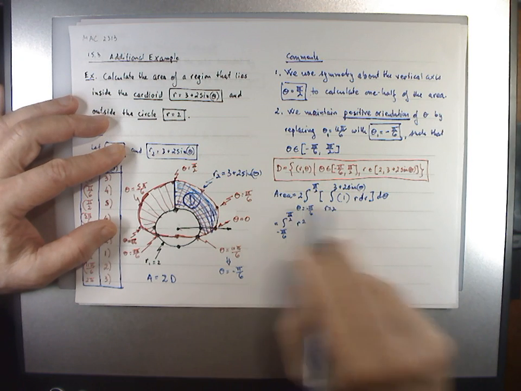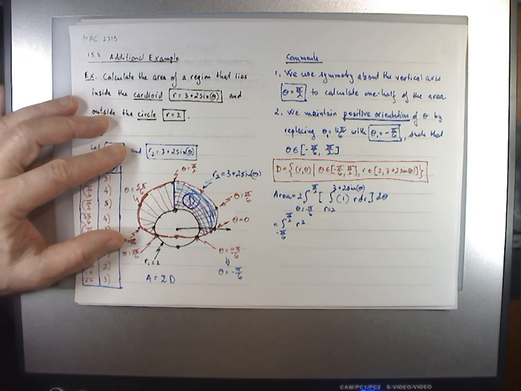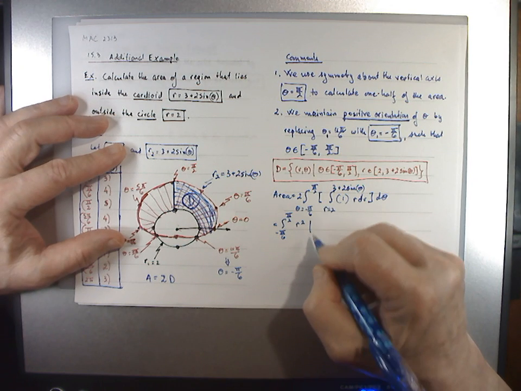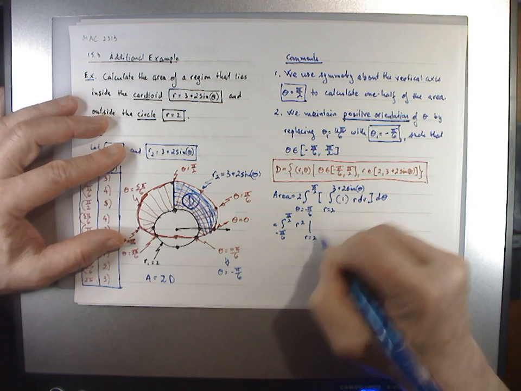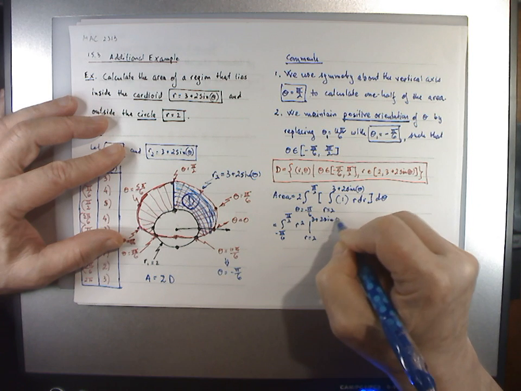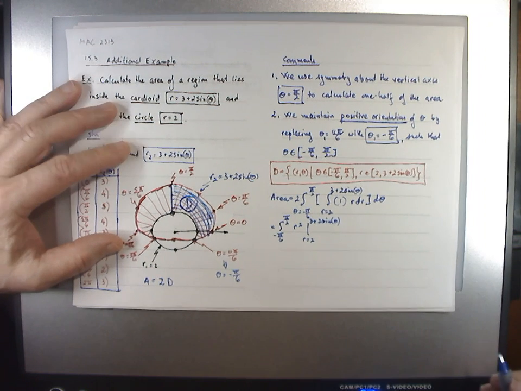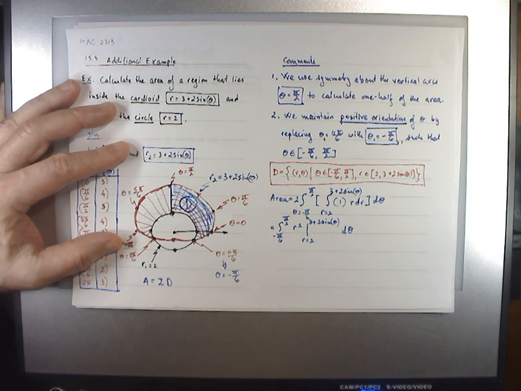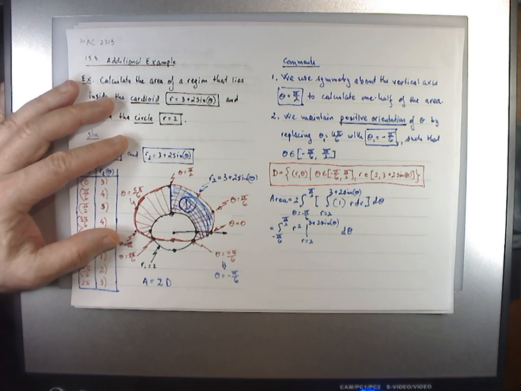Again, we have 2 times 1/2 r squared, and then we evaluate r from 2 to 3 plus 2 sine theta. And after we're done with this, we will go ahead and integrate with respect to d theta.